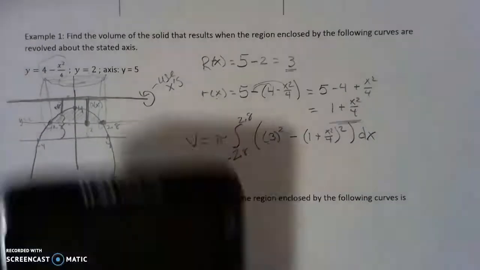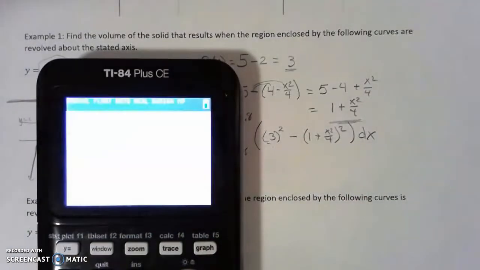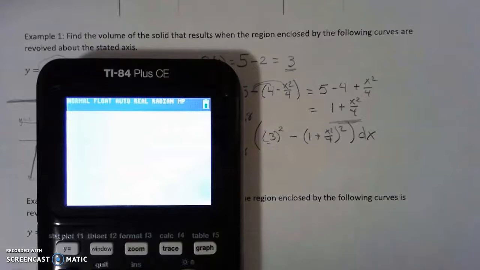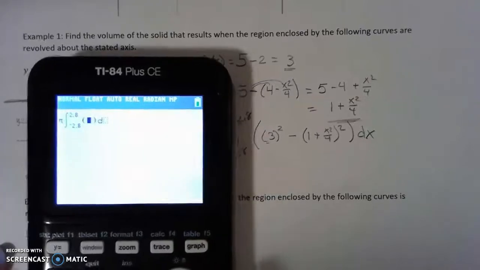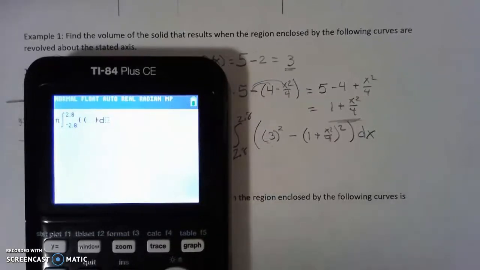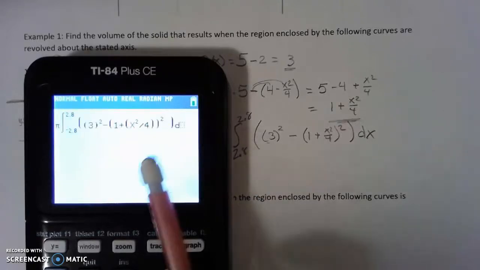Okay, so let's go ahead. I'll type that one in real quick for you guys. So this is pi, negative 2.8 to 2.8. Okay, parenthesis 3 squared minus 1 plus x squared divided by 4. I had to close 2 sets of parentheses there.